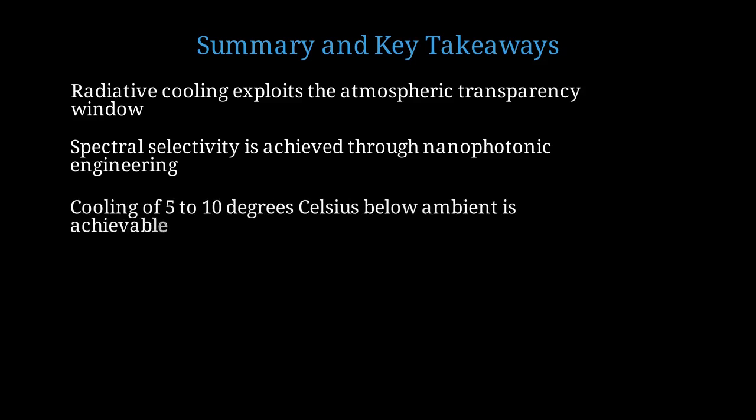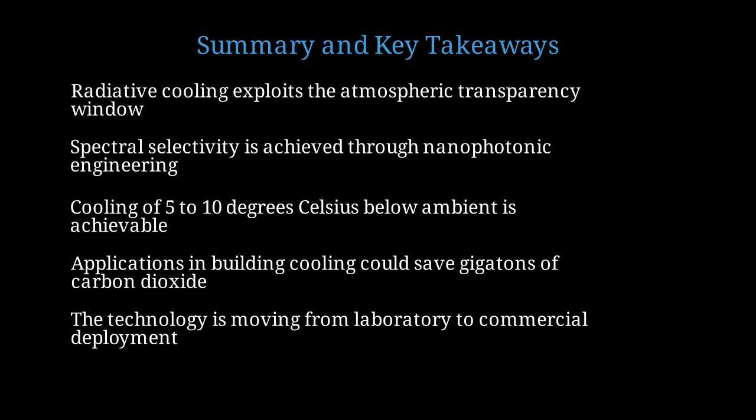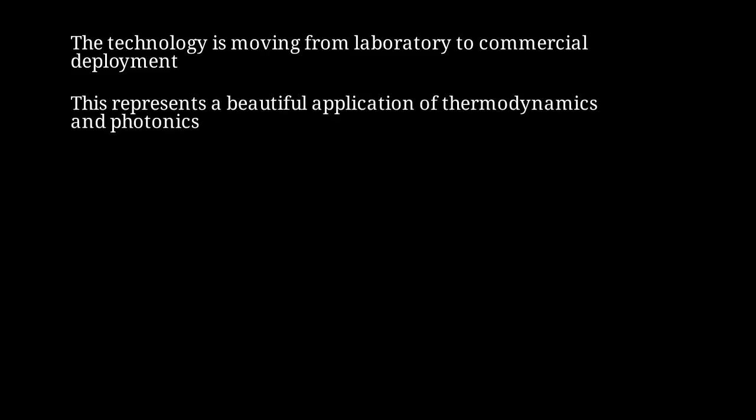Subambient cooling of 5 to 10 degrees Celsius is achievable under favorable conditions with current technology. Widespread application in building cooling could result in gigatons of carbon dioxide emissions reductions globally. The technology is rapidly moving from laboratory demonstrations to commercial products and real-world deployment. Fundamentally, this represents a beautiful application of thermodynamics, photonics, and material science to address a critical global challenge.